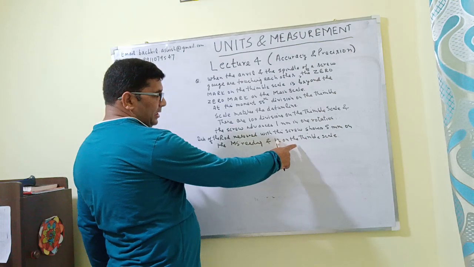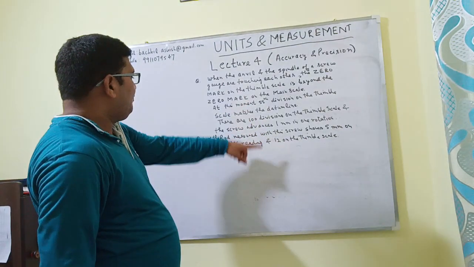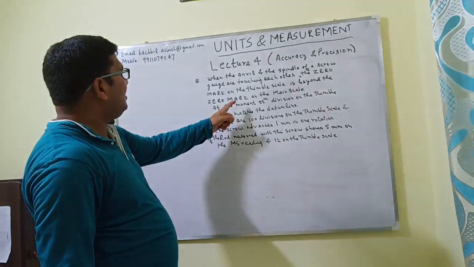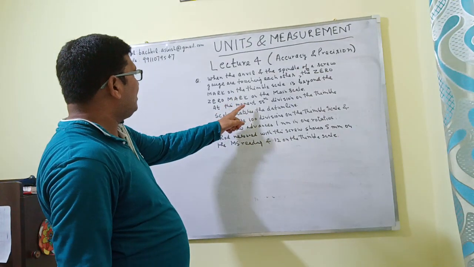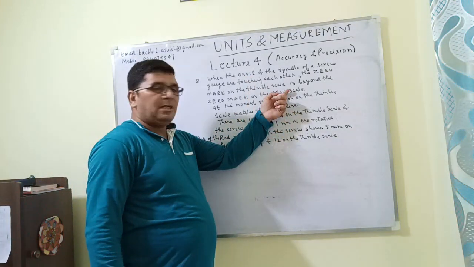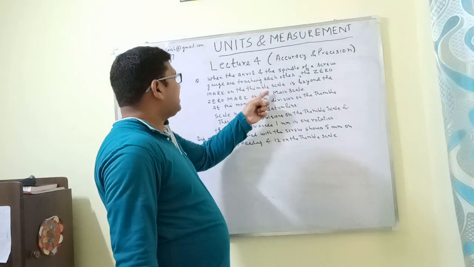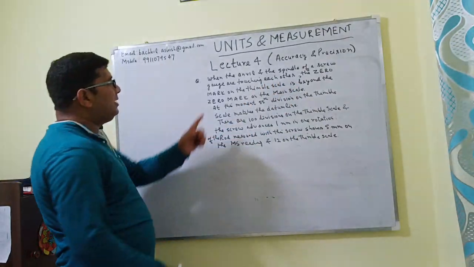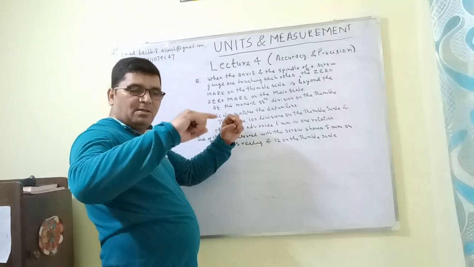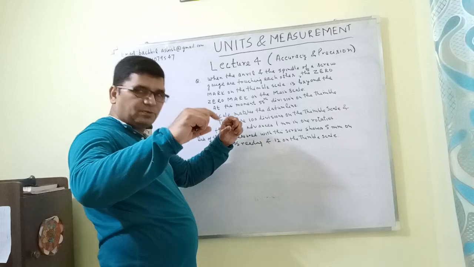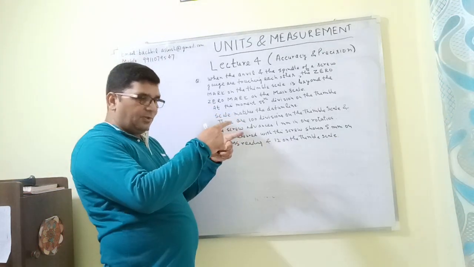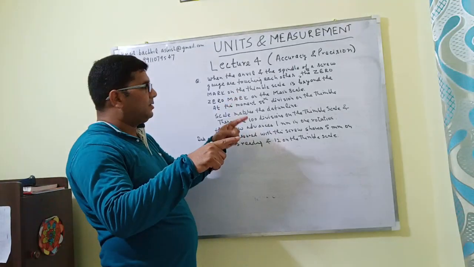Now here the thimble scale is the circular scale and the main scale is the pitch scale. Whenever we move the ratchet provided in the screw gauge, the spindle moves forward, and there is a U frame in this screw gauge.